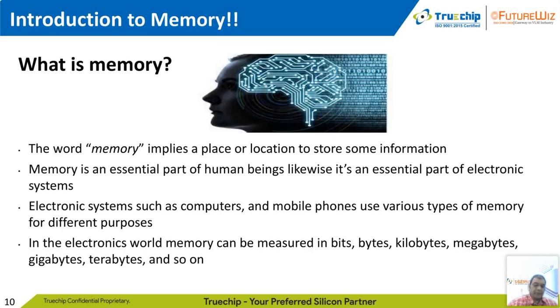All computers, mobile phones, all devices around you have a lot of memory. Without memory, we humans also cannot function. It's an essential part, and it's the same with these machines that are being built. In the electronics and chip design world, we measure memories in bits, bytes, kilobytes, megabytes, gigabytes, terabytes, and so on.